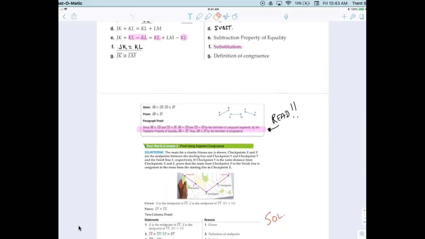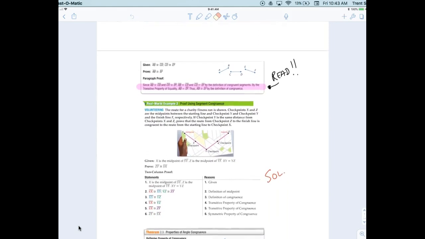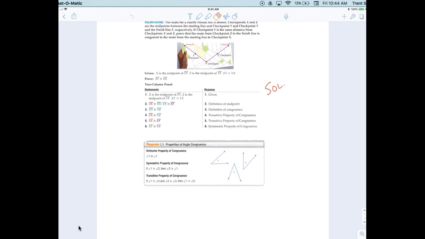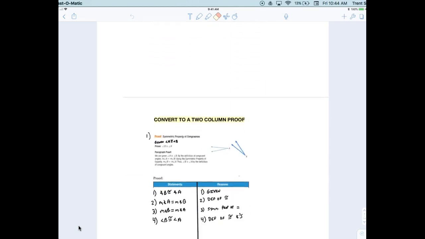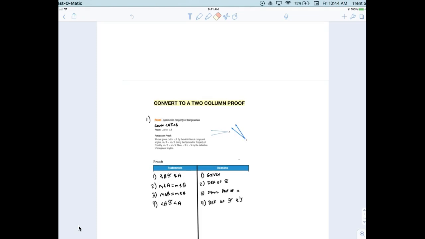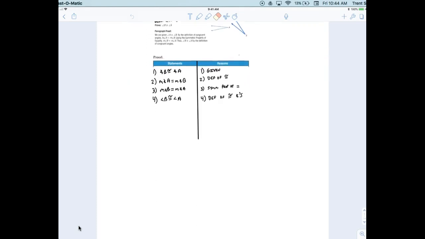This is where you're at, right? I put the reading there. I put the solution here for you. All right? Then we're on properties of congruence. You with me? Which we already talked about. And now we're going to write the two-column proofs, right? So we're on this part right there. Does everybody agree? So now your job is to start writing the two-column proofs if you can.